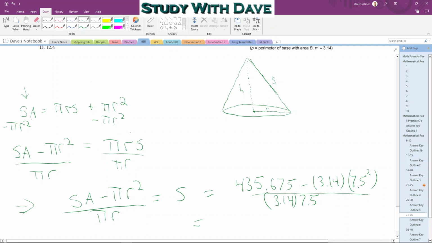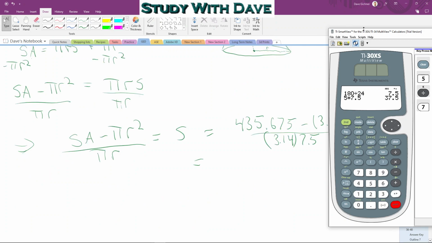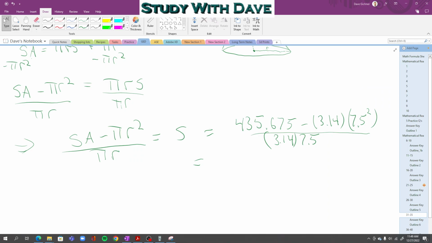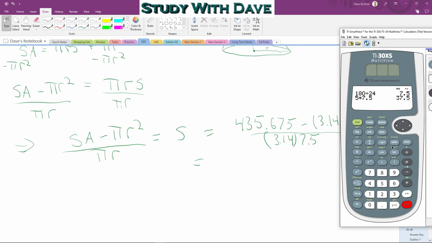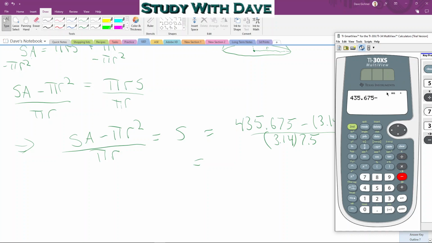I'm just going to plug all this into the calculator at once. So we have 435.675 minus 3.14 times 7.5 squared.